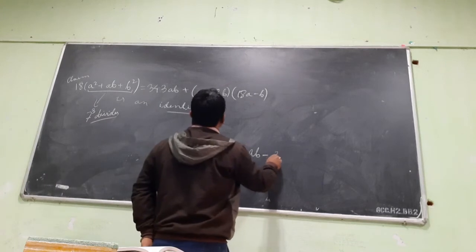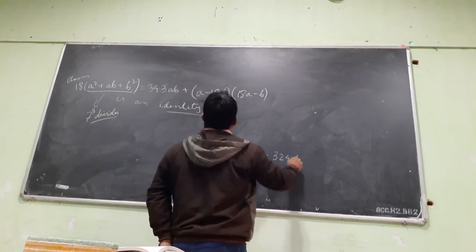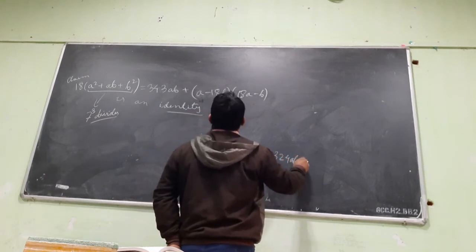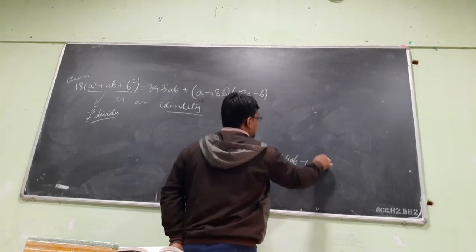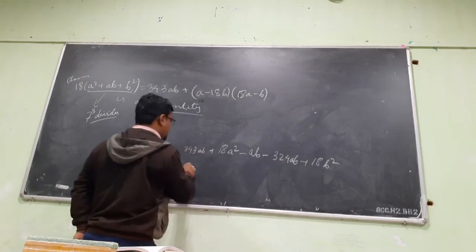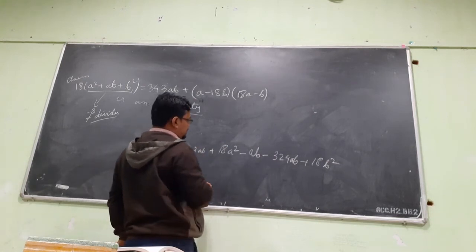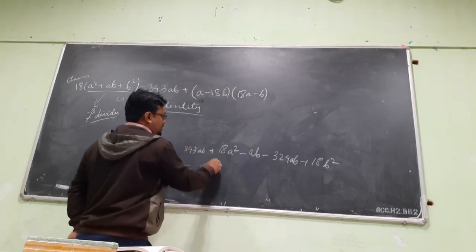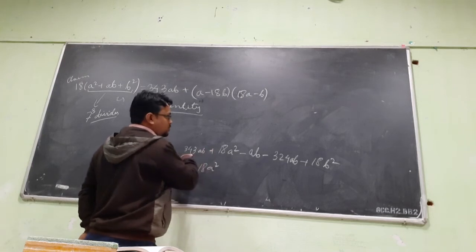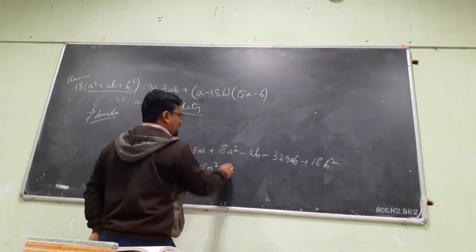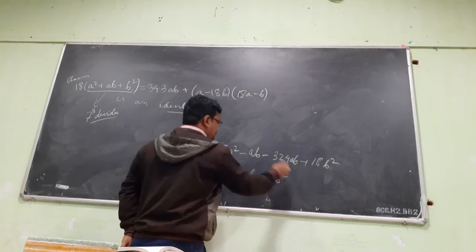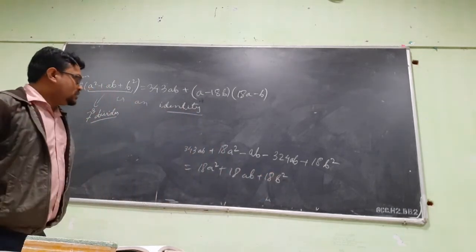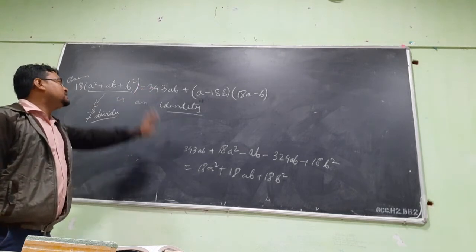So minus 324 AB, plus 18 B square. If you simplify it, it's 18a square minus ab minus 324 ab plus 18 b square. Okay, so once you know the identity, it's easy.